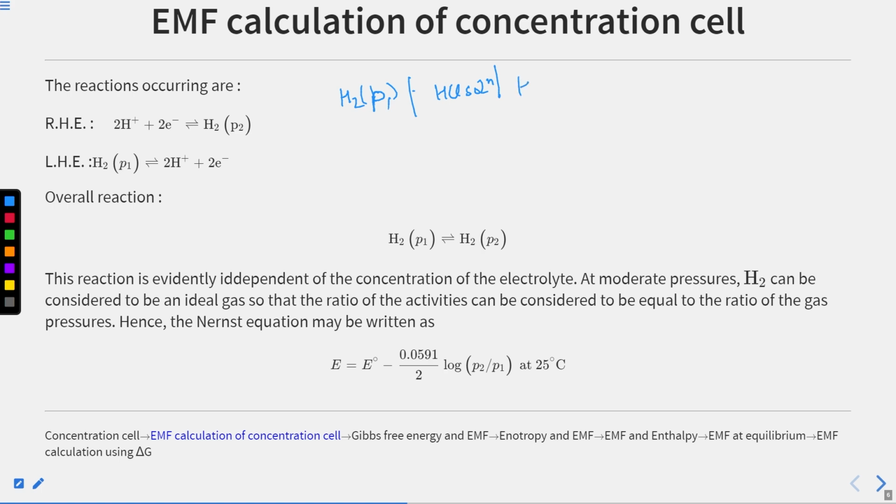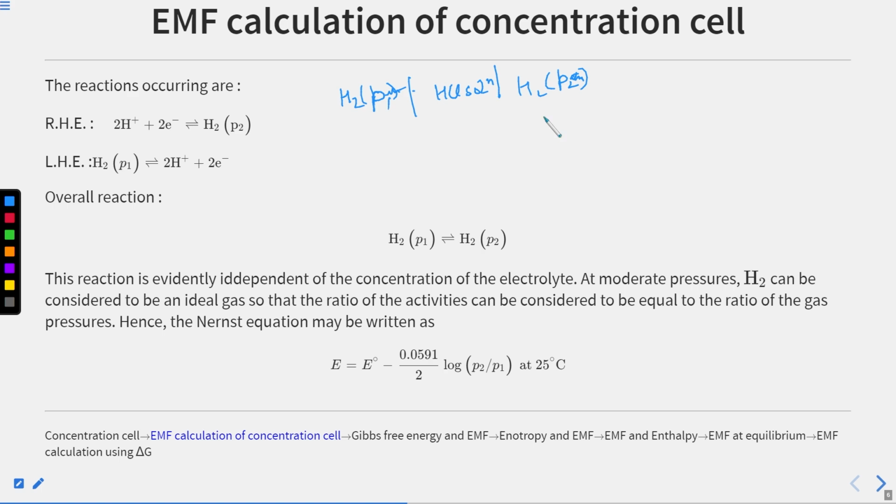And again, we have our hydrogen electrode, another hydrogen electrode with platinum, and we have a different pressure in that electrode, say P2. So it is atm suppose, and this is also atm.